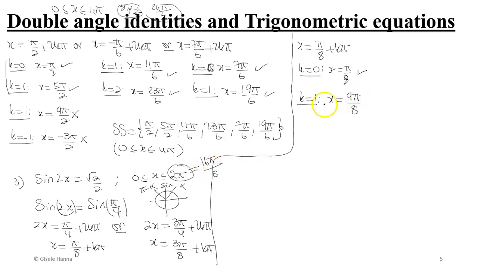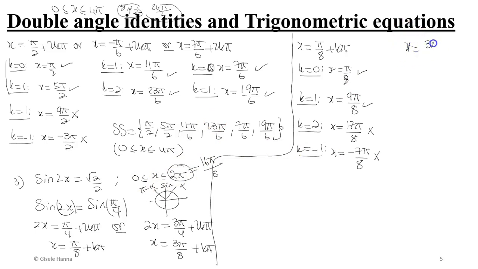So 9 pi over 8 is still smaller, so that is accepted. However, for k equals 2, x would actually be 17 pi over 8, which is rejected, and so on for greater values of k. And for k equals -1, that's -7 pi over 8, which is negative, outside the domain, so that is rejected.